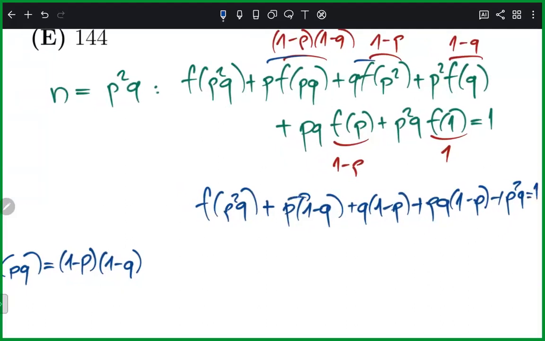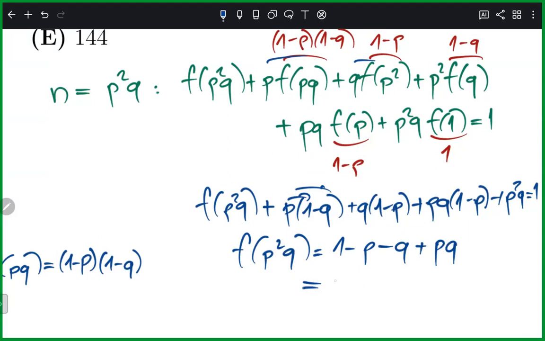And then after expanding terms and adding them up, we get f(p squared q) equals 1 minus p minus q plus pq. Or this is indeed (1 minus p) times (1 minus q).